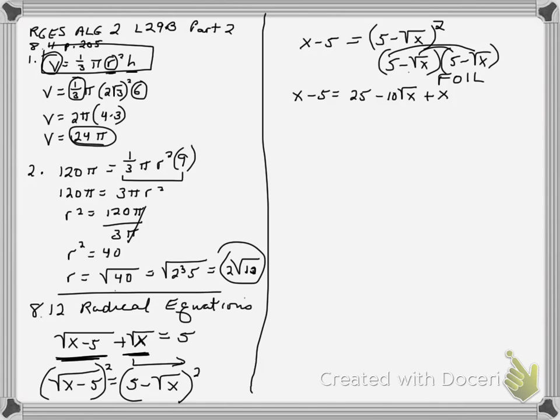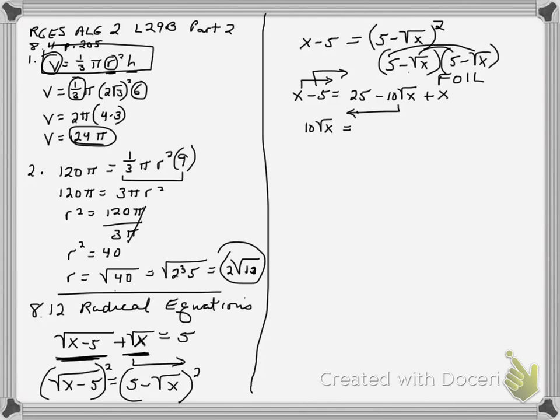Now let's simplify this, and we're going to take our radical to the left side. So this will be 10 square root of x. We're going to take my x's to the right side, and they'll cancel out.